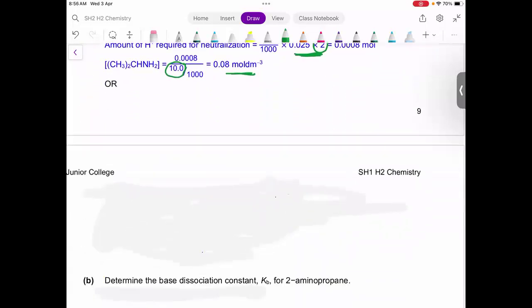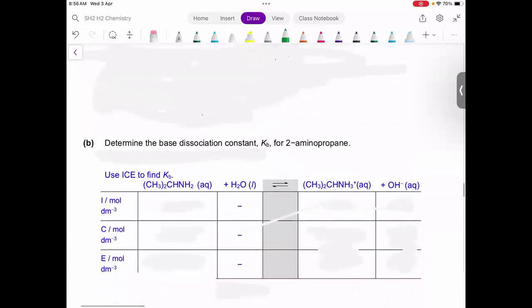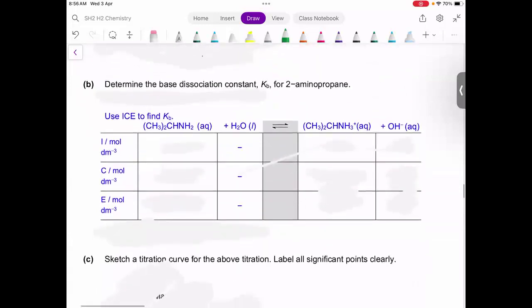So far, so good. Right, determine the Kb value. To determine the Kb value, we'll use the ICE table because we need to work with concentration at equilibrium. Initially, none of the salt is formed.